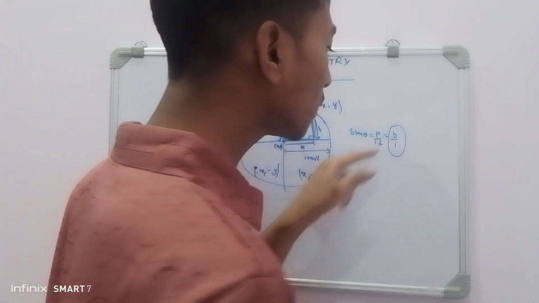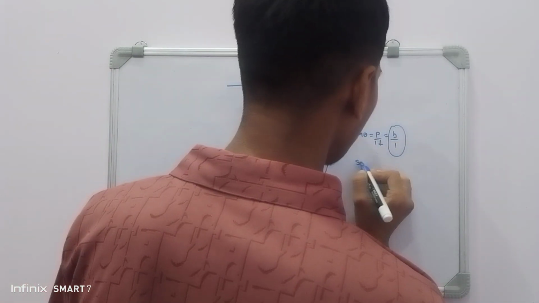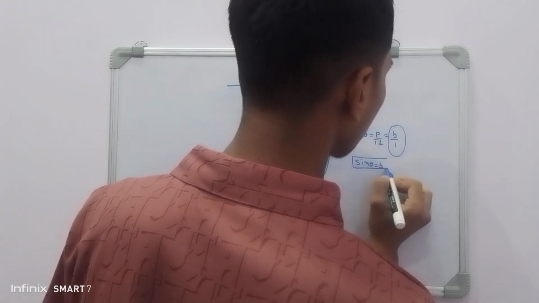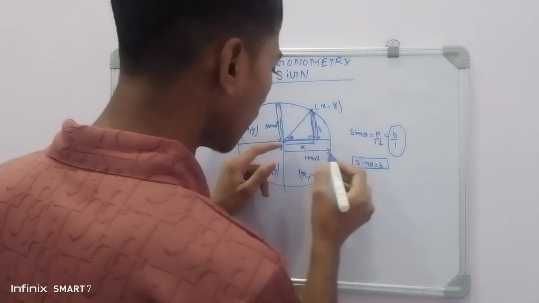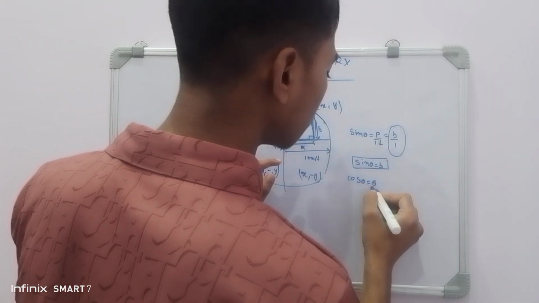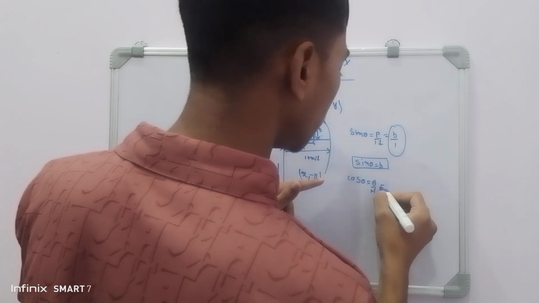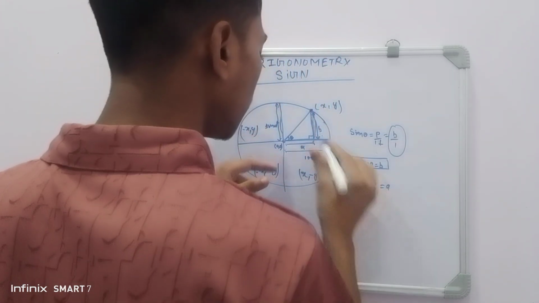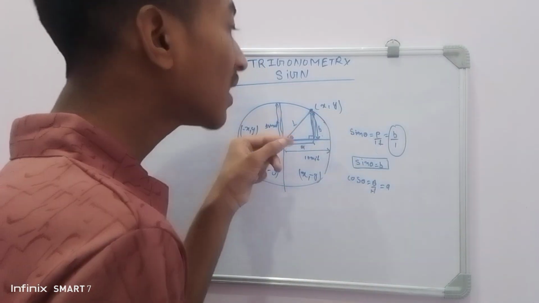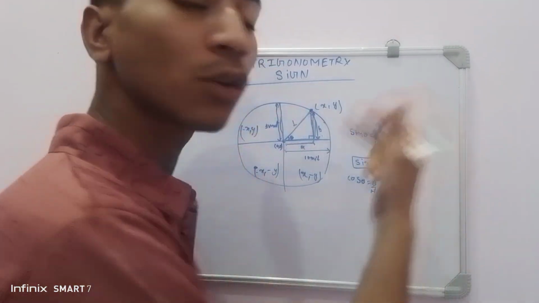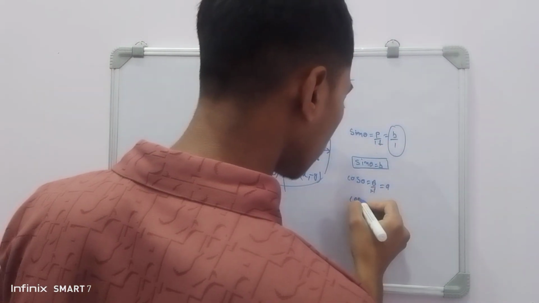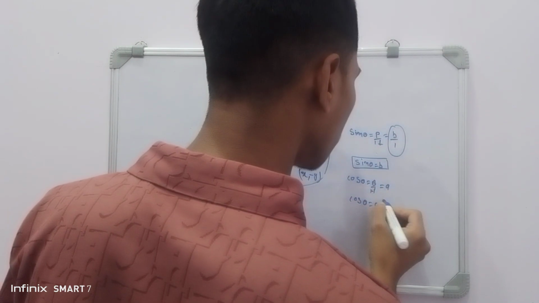So sine of theta is equal to B. And if I ask you to find cos theta, meaning base upon hypotenuse, the base is A and the hypotenuse is 1, because it is the radius of the circle, and the radius of the circle is 1 because it is a unit circle. So the cos of theta is going to be A.